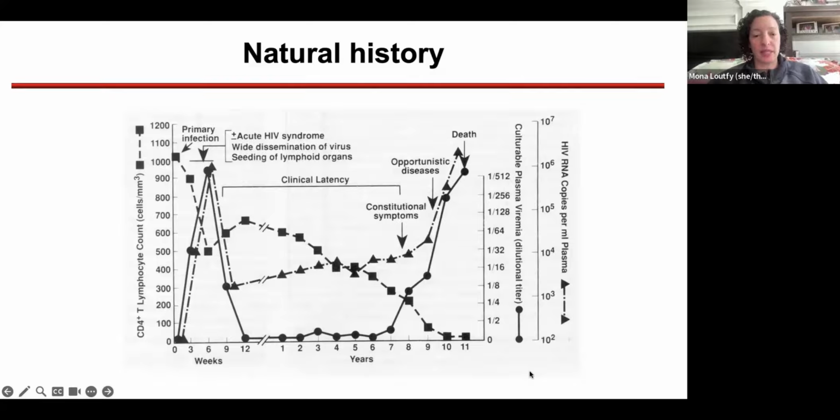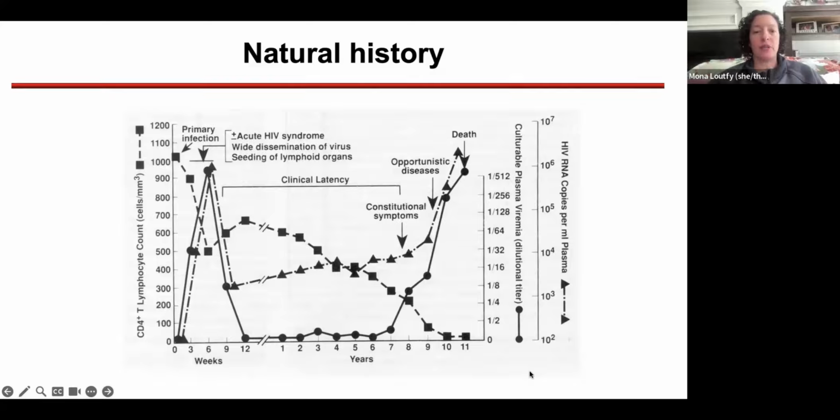And so you can see that the viral load, the section with the triangles, goes down to about, it looks like it's at about 1,000. We call that the HIV viral load set point. And that set point determines how fast the HIV disease will progress.